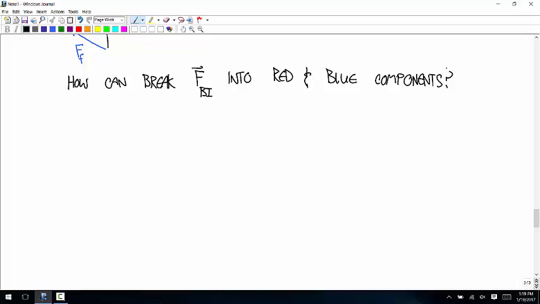So what we're going to do now is take our answer in one coordinate system and represent it in a new coordinate system. And there's an easy way to do that mathematically. So we want to re-express FBI in a new coordinate system, oriented like this.